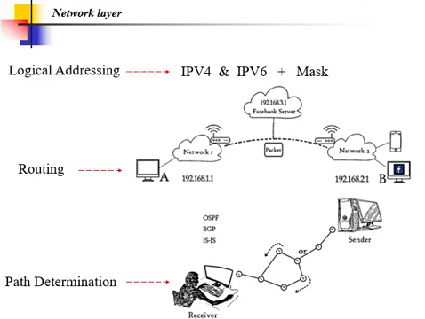The major responsibility of the network layer is logical addressing. Logical addressing can be done using IPv4 and IPv6 addresses, which use the subnet mask. Routing can be done using these IP addresses and their subnet masks.